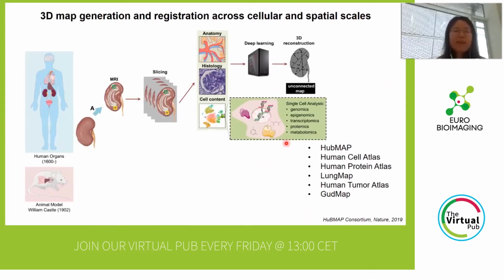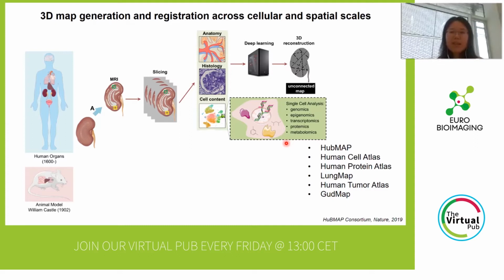No matter whether we are interested in human organs or animal models, 3D map generation and registration across the cellular and spatial scales are very important for us to understand physiological and pathological functions. That's why different countries across the world initiated projects such as the HuBMAP, the Human Cell Atlas, and the Human Protein Atlas.